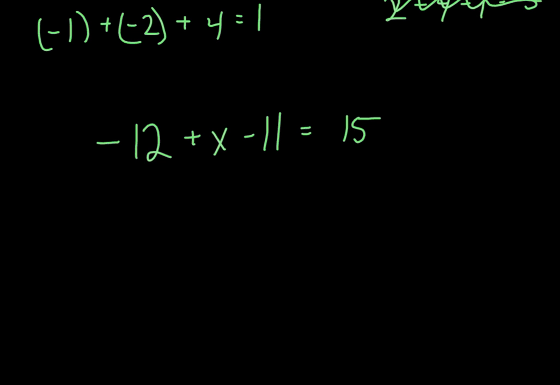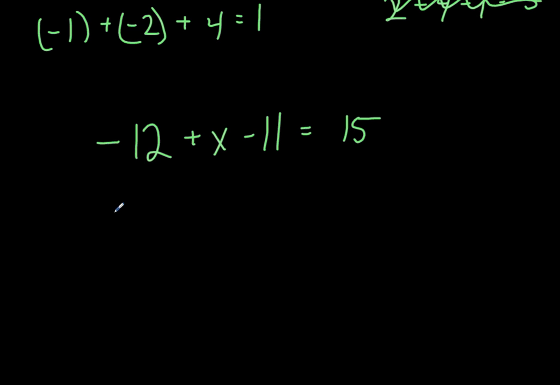One way is to just leave it as is and notice, I'm subtracting 11, so I can just add 11. I'm subtracting 12, so I can just add 12, and 15 plus 11 plus 12 should be 38.